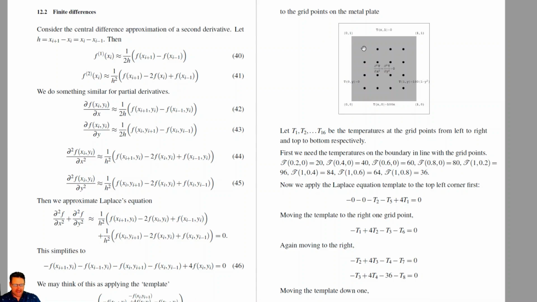Now it says minus the left one, which is 0, minus the top one, which is 0, and then minus this right one, but that's a variable value, T2. So minus T2, which we see right here, and then below that, which is this, minus T5, and then plus 4T1, which is over the center of the template.